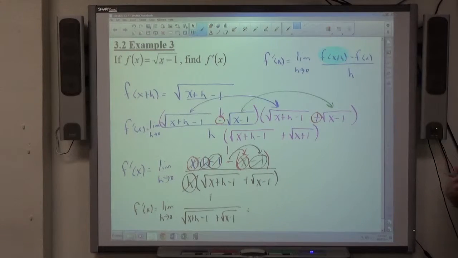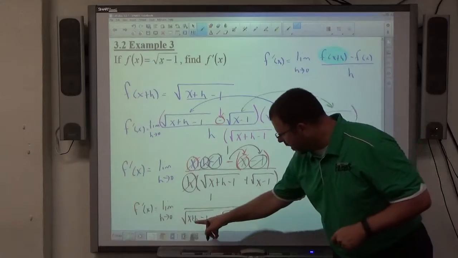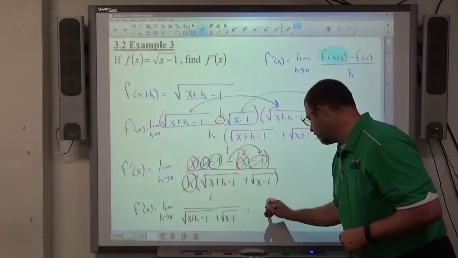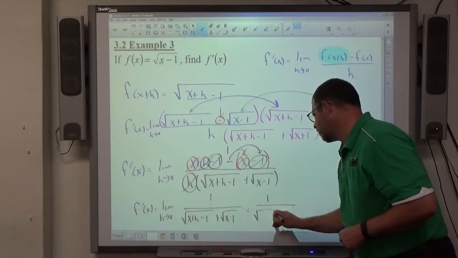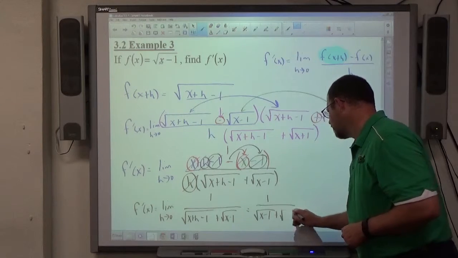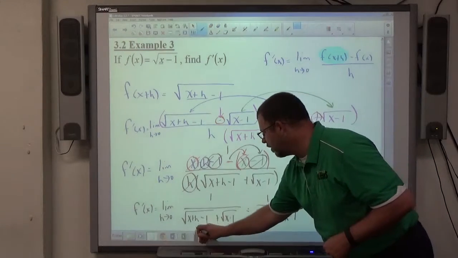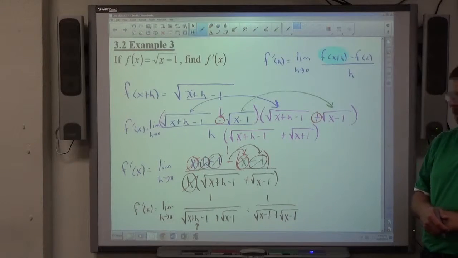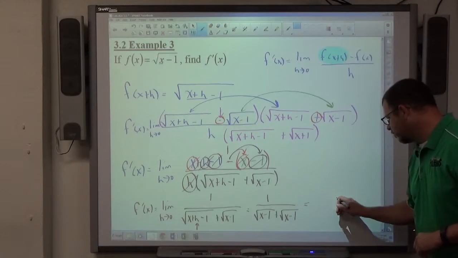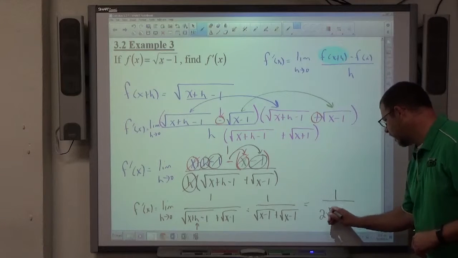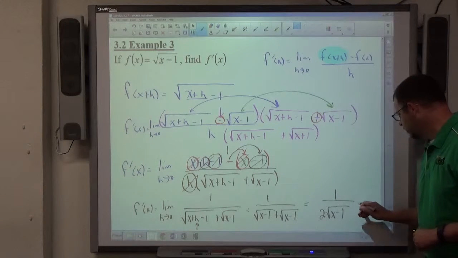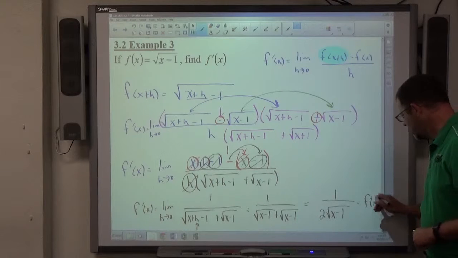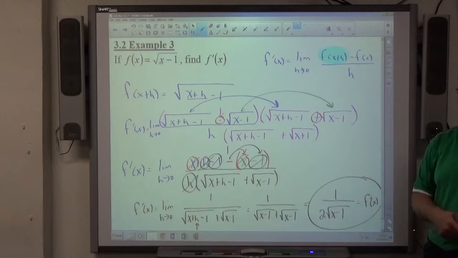If I substitute 0 in for h at this point, I'm going to get x plus 0 minus 1 there, so I'm going to get 1 over the square root of x minus 1 plus the square root of x minus 1. This h changed to a 0, so basically it just went away. And adding radicals just gets me 2 of that thing. So my first derivative is 1 over 2 times the square root of x minus 1.